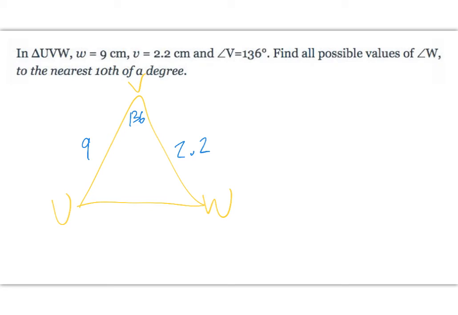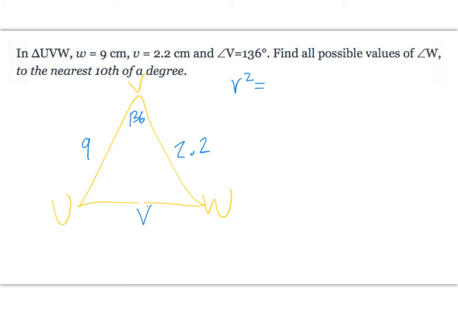I don't have any opposite things, so this is a law of cosines problem, which is actually a lot more helpful for us. We're looking for all possible values of angle W. So in order to do that, I do have to find V first.